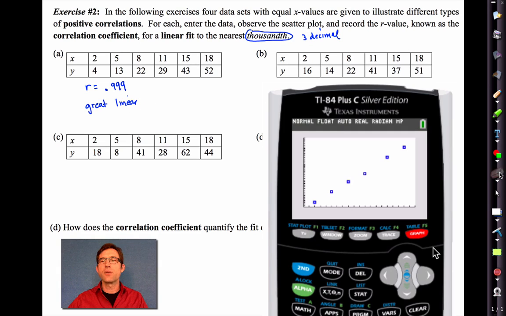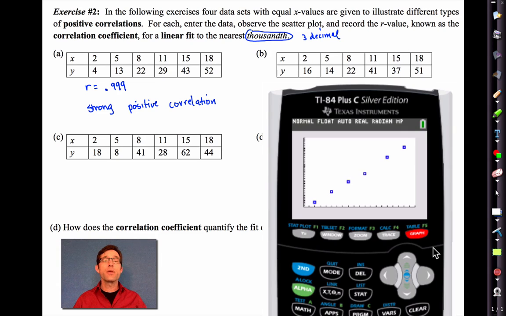Or now let's use the terminology we used last time. Let's call it a strong positive fit. So a strong positive correlation. In other words, the data come very close to lying on a straight line.